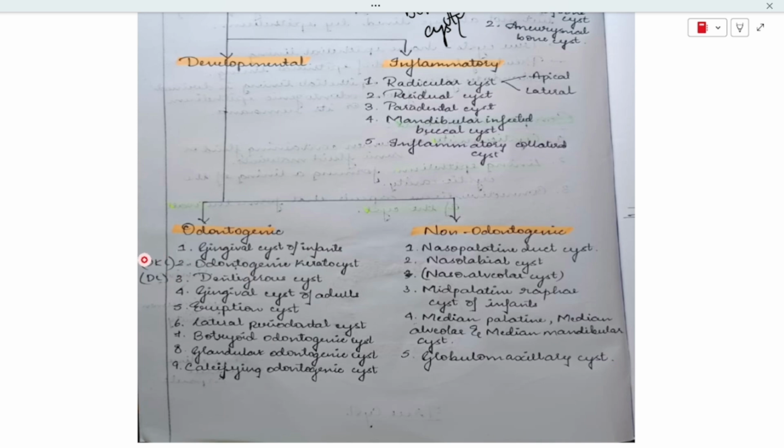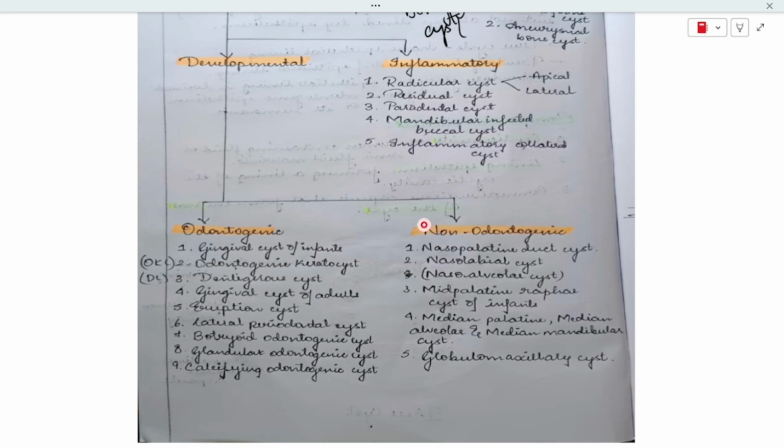Very important are OKC, dentigerous cyst (DC), gingival cyst of adults, gingival cyst of infants, eruption cyst, lateral periodontal cyst, botryoid odontogenic cyst, glandular odontogenic cyst, calcifying odontogenic cyst. I think we'll be learning all this in the later classes.